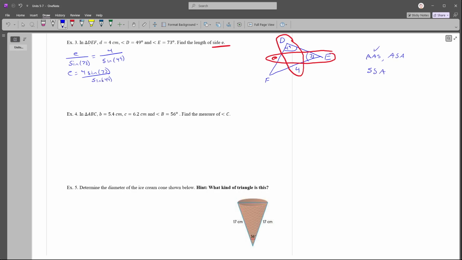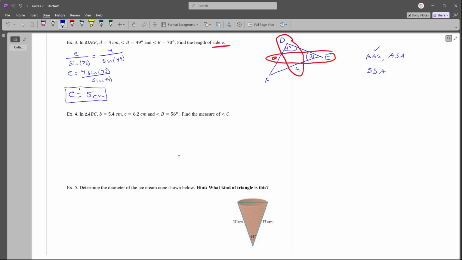And there we go. Now from there, you should end up with a value of E is approximately 5 centimeters. Now it didn't give us a specific whether we should round or not, so I rounded it to the nearest whole centimeter. And there we go.